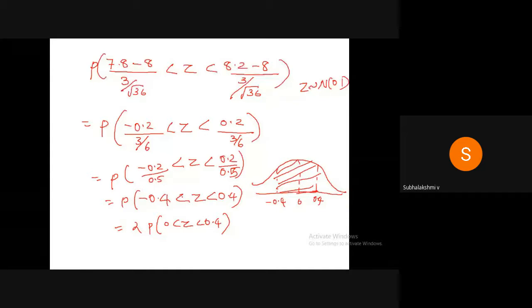Therefore, probability of minus 0.4 less than z less than 0.4 is 2 into probability of 0 less than z less than 0.4, which we find using the normal table.